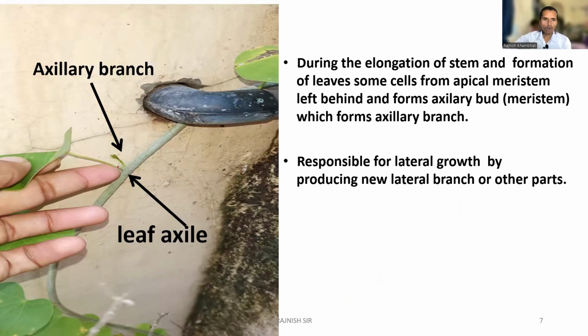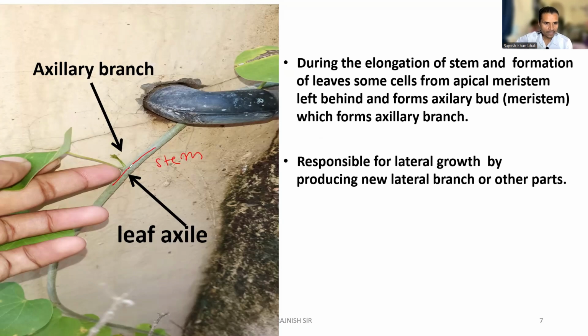Apical meristem can also be seen in the axillary bud. This is called an axillary bud. Before that, let me explain what an axillary bud is. You can see this is the stem.